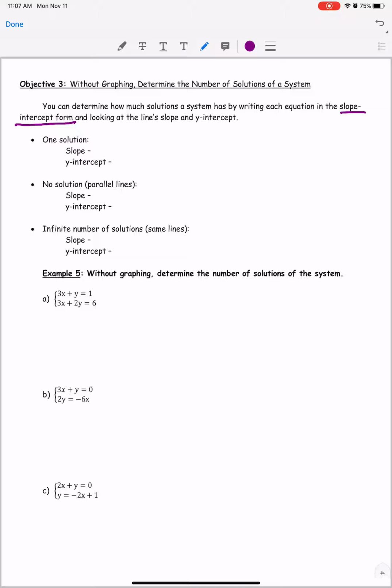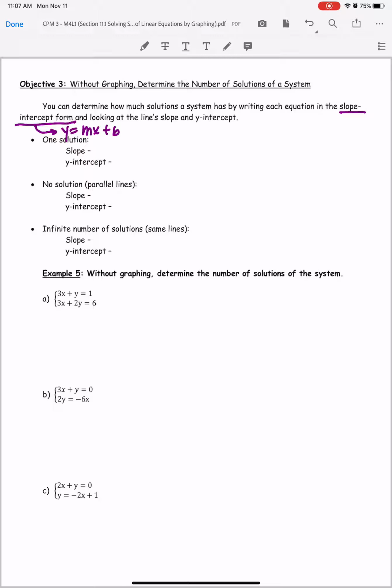Sorry, I'm being a little OCD right here. Okay. This is your y equals mx plus b form. And then you can determine by looking at the slope and y-intercept.